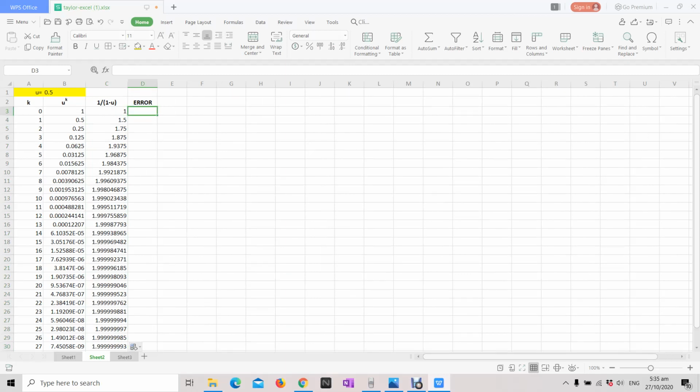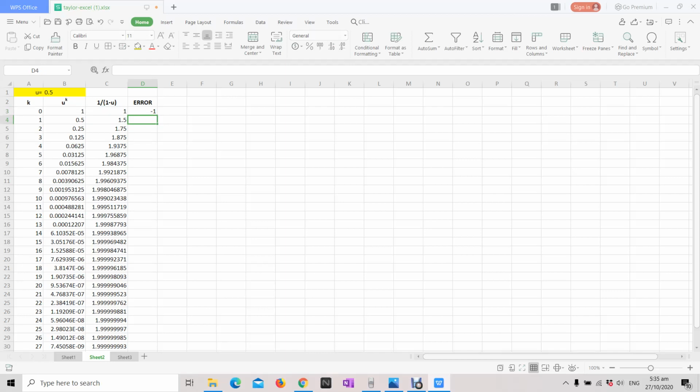Now the error is just the difference of the approximated value and the real value. Take note that the approximated value here is equal to this one, and it's just minus the function, which is equal to 1 all over 1 minus u.